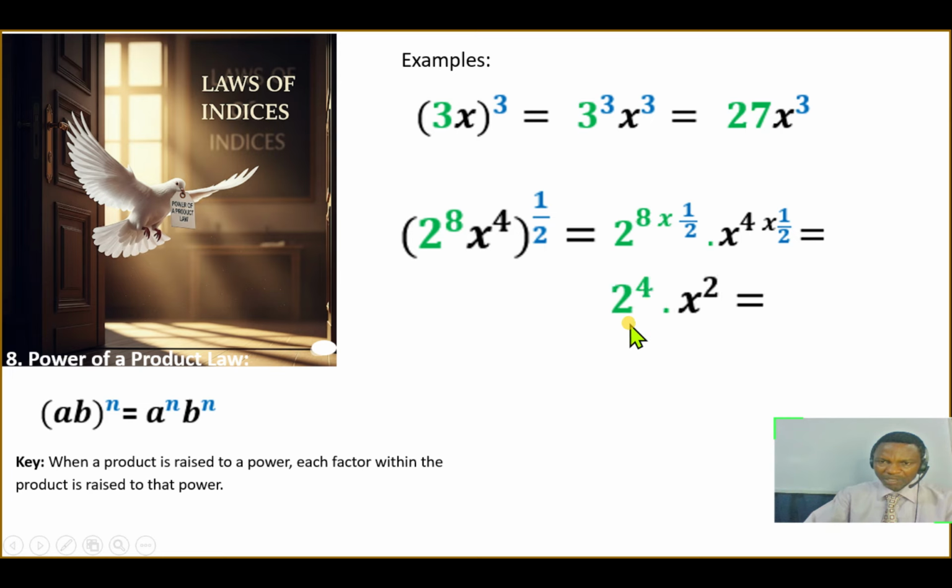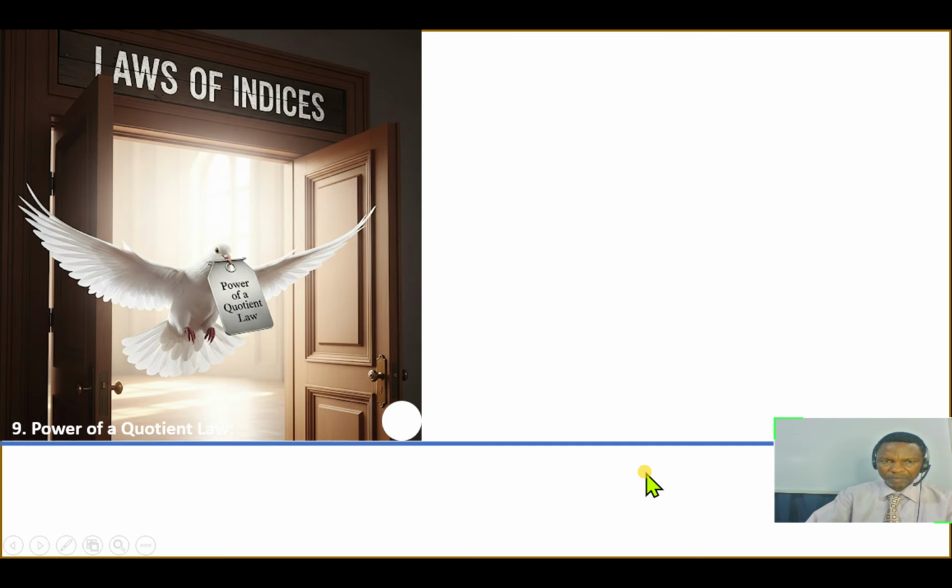If you do that, 2 can divide 8, that is 2 raised to power 4, then 2 can divide 4, s raised to power 2. So the answer is 16s squared. 2 raised to power 4 is multiplying 2 by itself 4 times. 2 times 2 is 4, times 2 is 8, times 2 is 16.